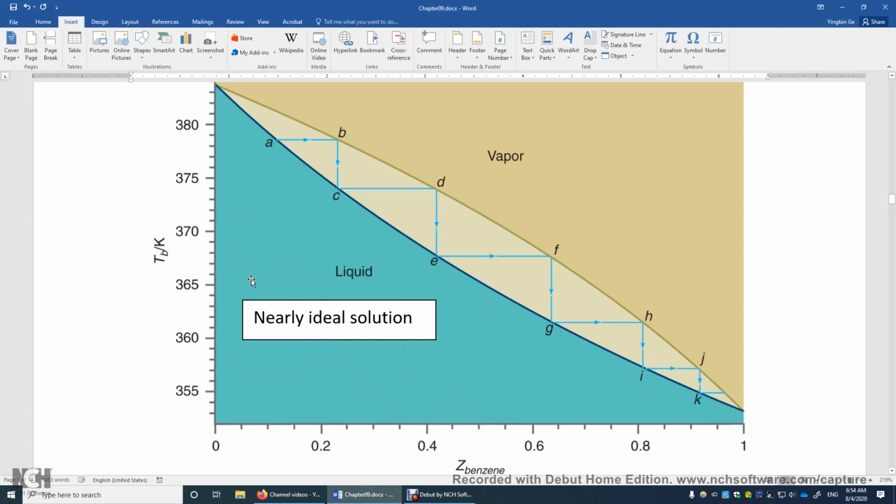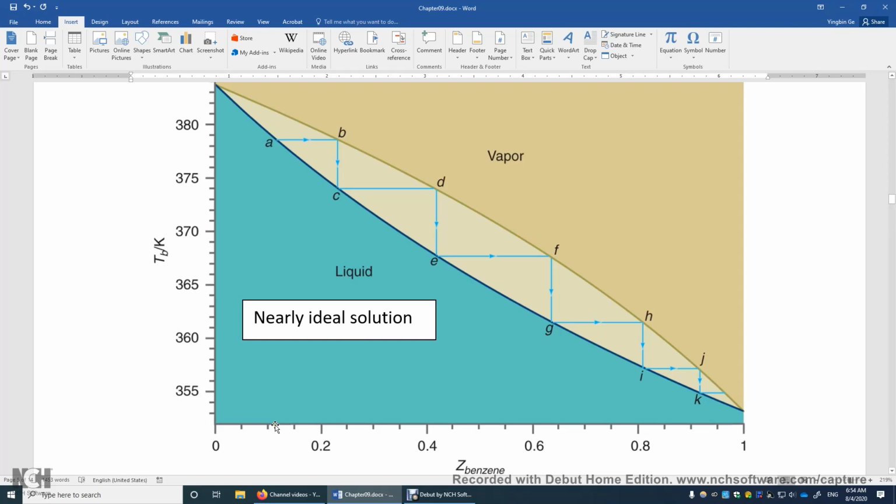Assume this is a nearly ideal solution because benzene and toluene have very similar molecular structure. Let's start with this point A here. At point A, it's 100% liquid phase, and let's look at the percentage of benzene. It's roughly 11% benzene and 89% toluene.